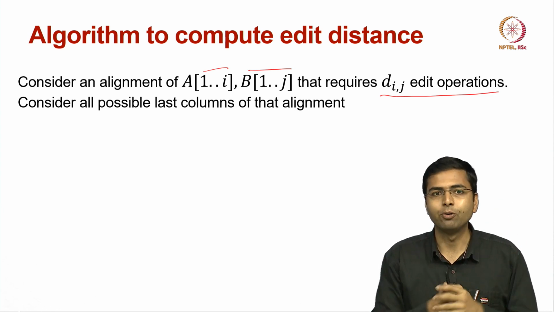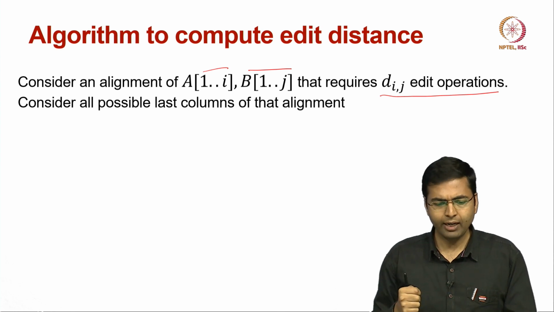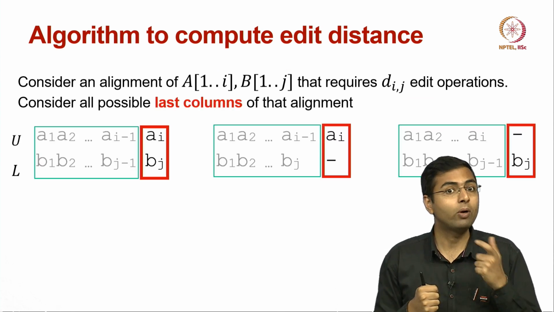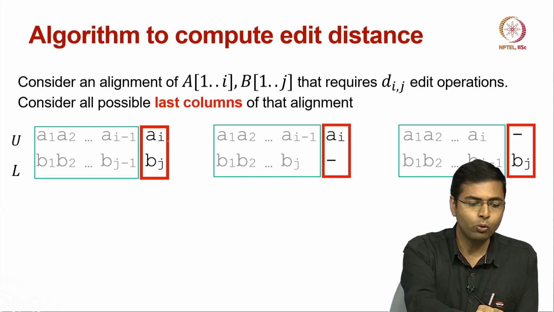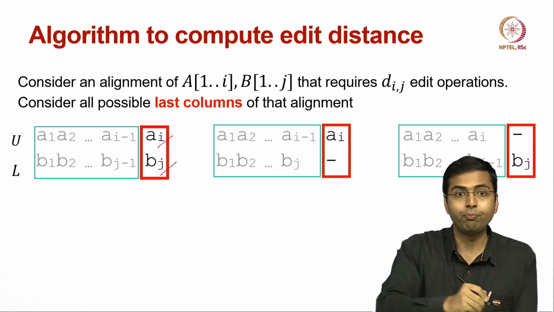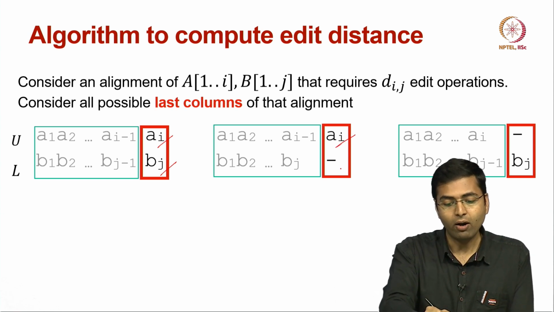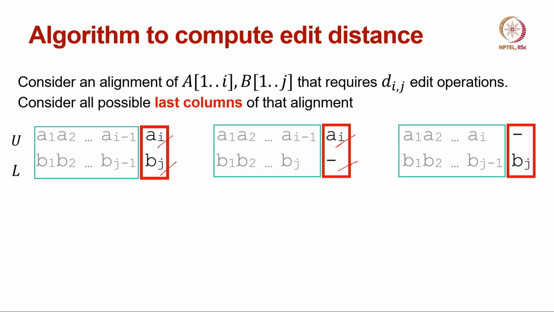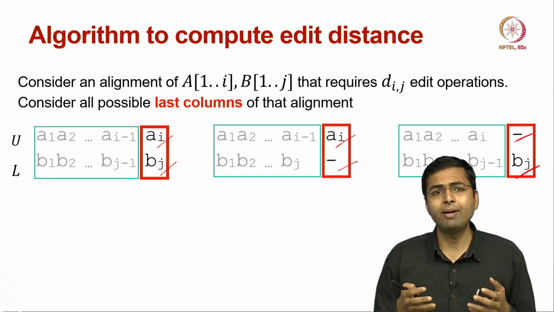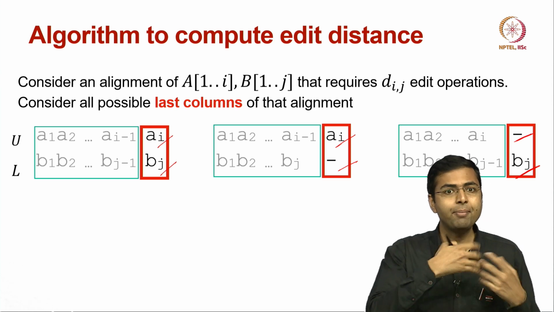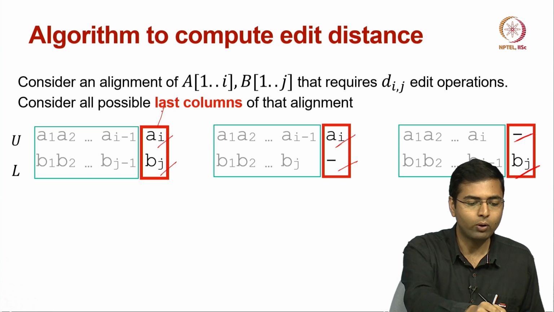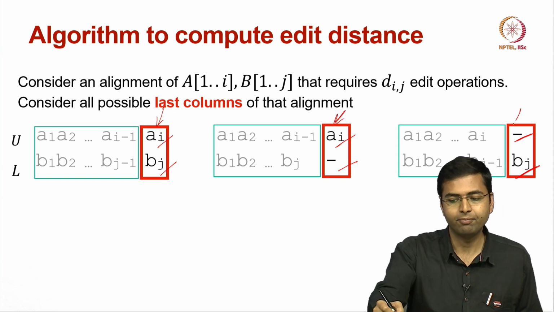What are all possible scenarios? Well, there are only 3 possible scenarios. The last column can either include ith character of A and jth character of B, or it can include ith character of A aligned to a dash symbol, or it can include dash symbol aligning to jth symbol of sequence B. There is no other possibility, because this is how our alignment definition is defined. Based on our alignment definition, the only way the last column can look like is one of these 3 possibilities in that alignment.